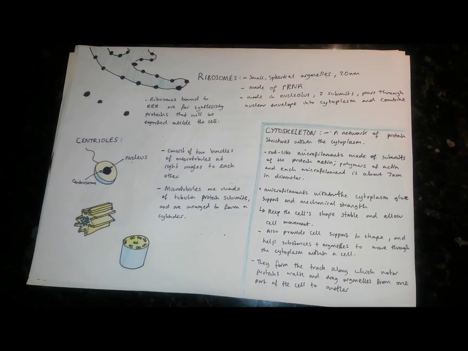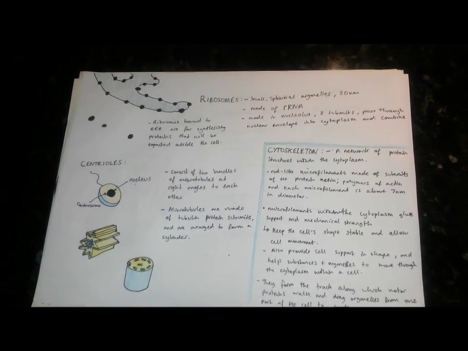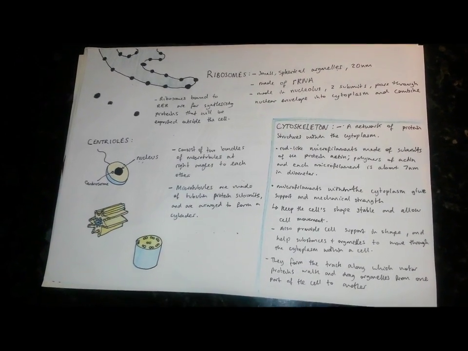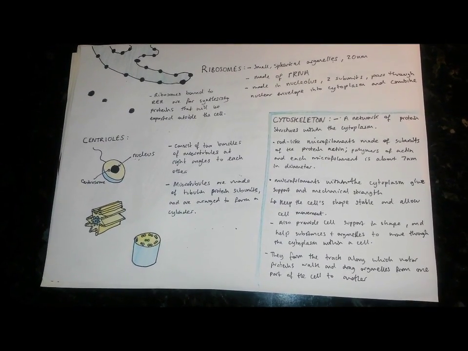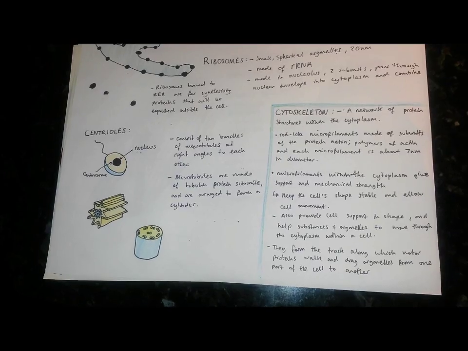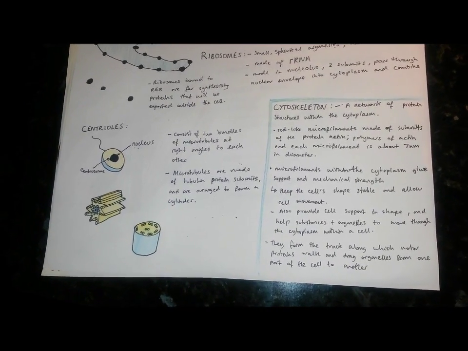Now we have the cytoskeleton, a network of protein structures within the cytoplasm. It has rod-like microfilaments made of subunits of the protein actin, polymers of actin, and each microfilament is about 7 nanometers in diameter.